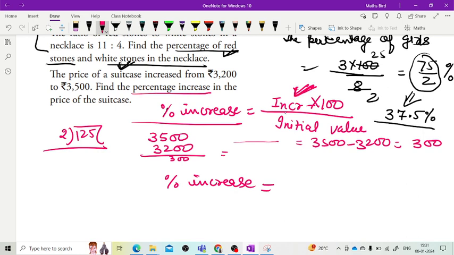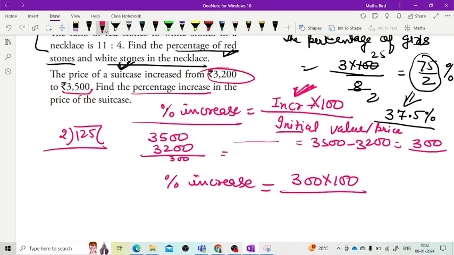Then you will write increment, how much it increased, 300 multiply by 100 whole upon initial value. Initial means what was the price earlier. Here price is given, so what was the price earlier? 3200. This is the later price, this is the final price, but the initial price was 3200.